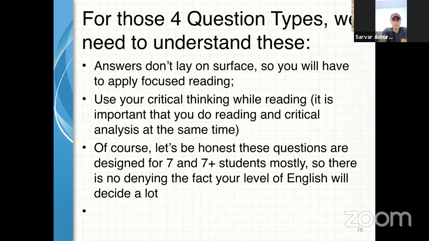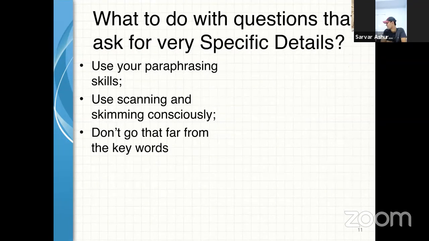So we can talk for hours and hours about methods, about techniques, but they will not get you 7 or your desired 8 band in the reading unless your level of English is adequate, because you can stare at the empty wall and you will not see anything in it. Have those trained eyes. So let's move on.